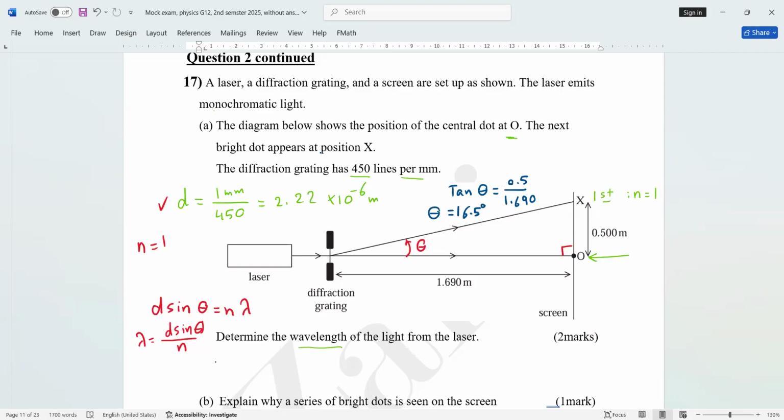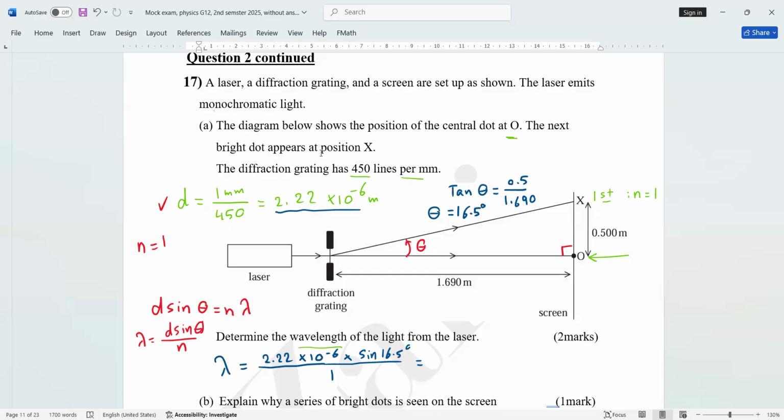n equals 1, so we can calculate lambda. Lambda equals d, which is 2.22 times 10 to the power negative 6, multiplied by sine theta, sine 16.5 degrees, over n, over 1. In my calculator I find the sine answer, and then multiply by 2.22 times 10 to the power negative 6 divided by 1.